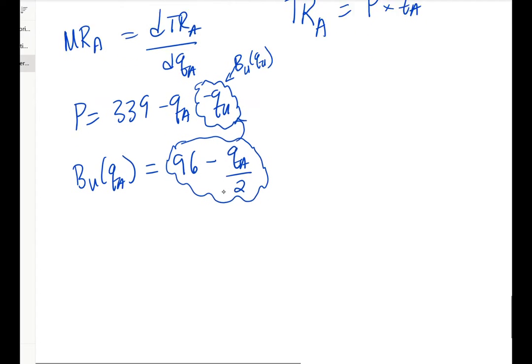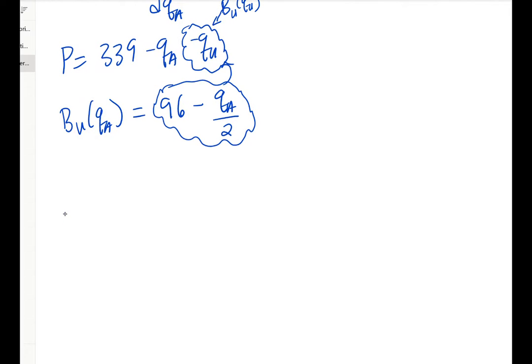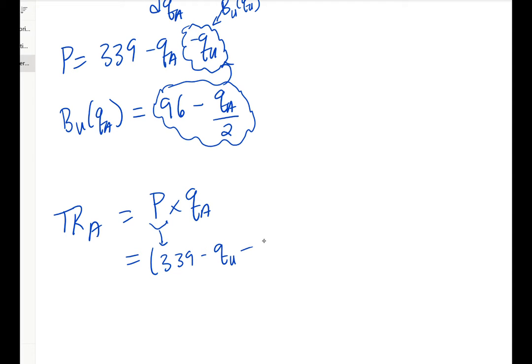Let me rewrite my total revenue down here. Total revenue for American would be equal to P times QA, where P is 339 minus QU minus QA. Since I'm replacing QU, I'm going to put it last. So QA minus QU, same difference, times QA.